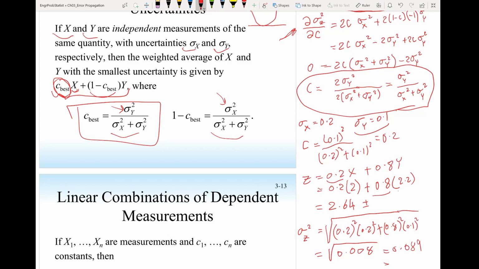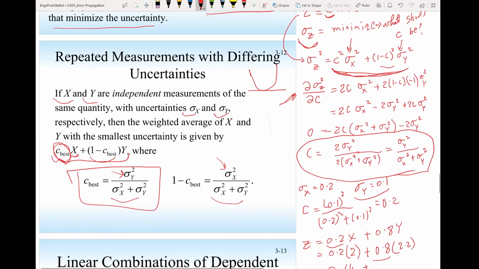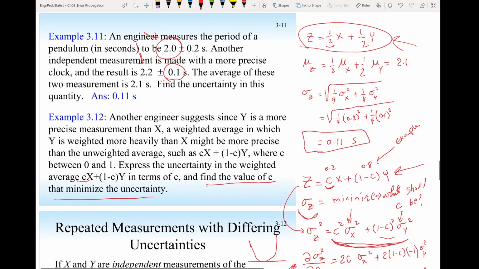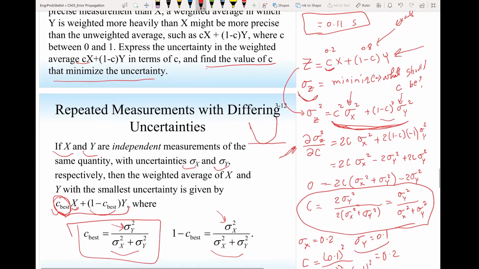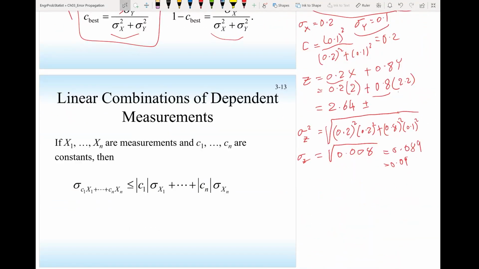And I can approximate it as 0.09. And this is the standard deviation of z. So the standard deviation of z is now better than the uncertainty of clock y, which is 0.1, and the uncertainty of clock x, which is 0.2. So now I can say the mean is 2.64 plus or minus 0.09.